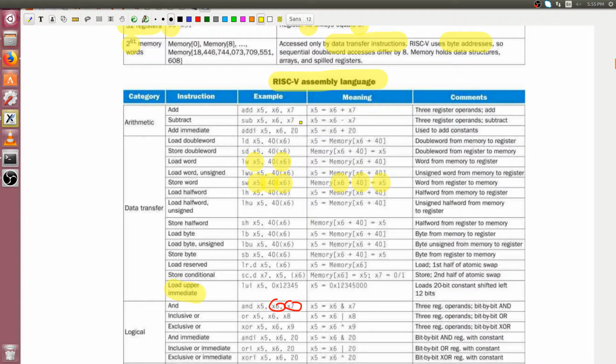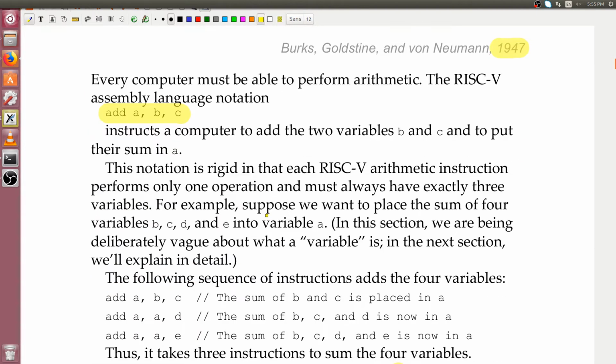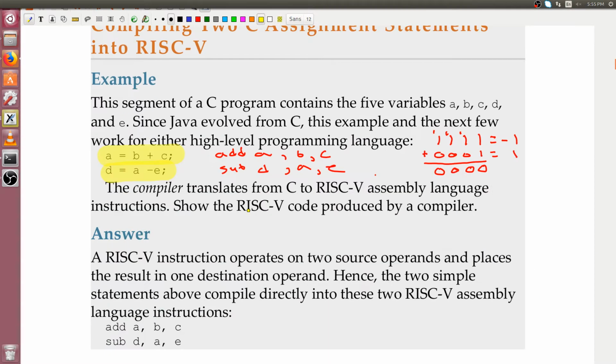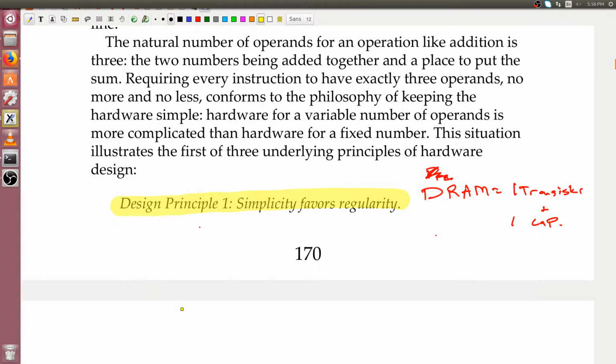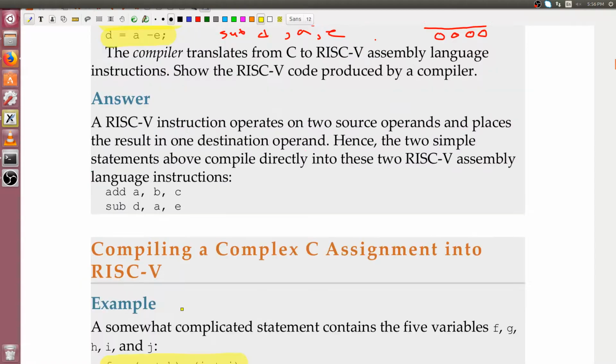So these are going to have to be signed. So x6 minus x7. So this is actually an interesting question here. So if we want A minus E, we have A minus E, right? Okay, so that's the reason why we have subtract.